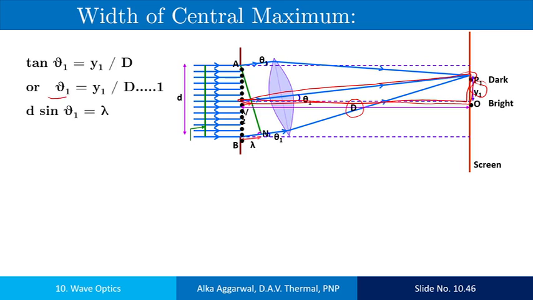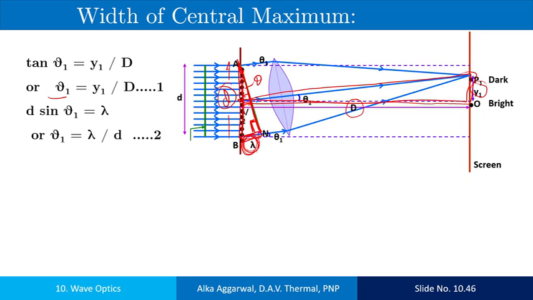Now in this triangle, the side is d, the path difference is lambda, this angle is theta. d sin theta is equal to the perpendicular; sin theta is equal to perpendicular upon hypotenuse.